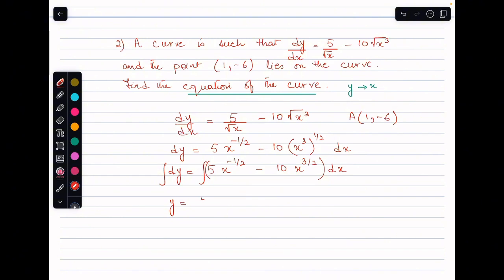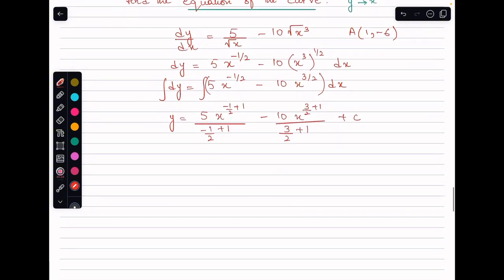And here it's 5x to the power negative 1 by 2, add a 1 to the power, divided by negative 1 by 2 plus 1, and then minus 10x to the power 3 by 2, add a 1, and then again divide the whole term by the power with 1 added to it, and then add a constant here.